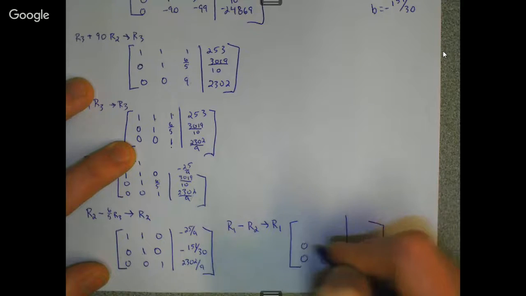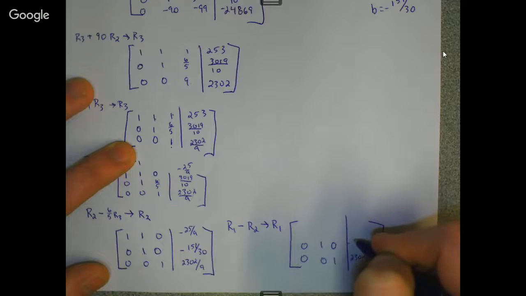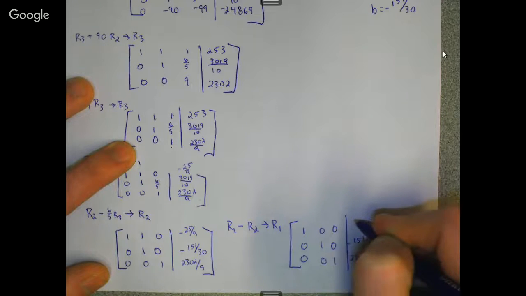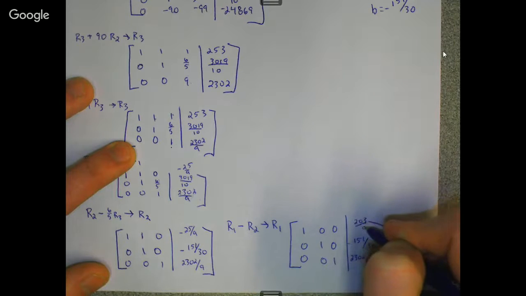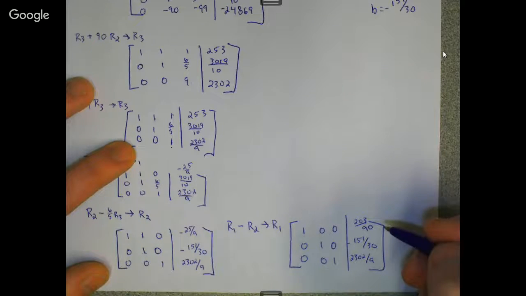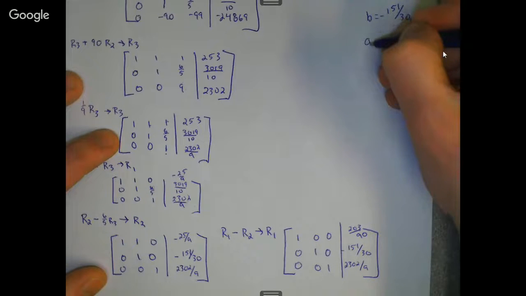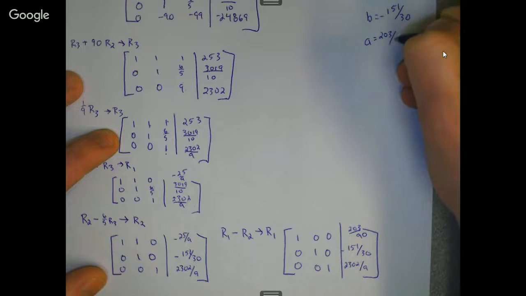This one stays the same. And this one becomes 1, 0, 0, 203 over 90. Okay, so that tells you what A is. So A is 203 over 90.